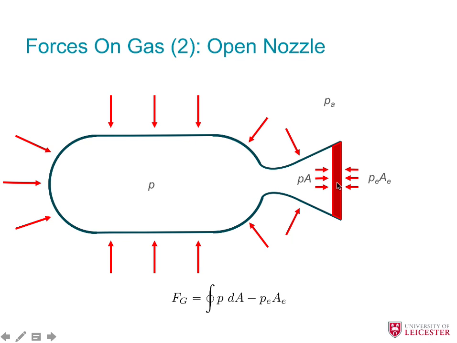So that's simply recognizing the fact that when we open the nozzle, the gas feels a lower pressure on the exterior surface of the slab, and that pressure leads to a lower force, which is given by PE AE. So the force on the gas then becomes the integral of P dA, so the integral of pressure times area over the entire surface area of the structure, minus this retarding force PE AE.